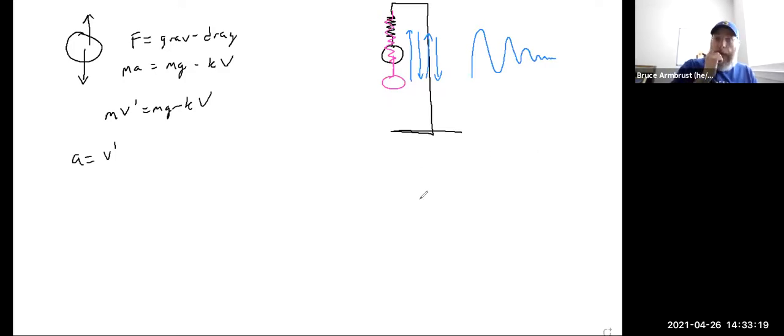Okay, well, let's set up a force diagram on this thing. Let's do a force diagram on this weight that we're pulling down. So here's our weight, and let's start putting on forces. There's going to be gravity.